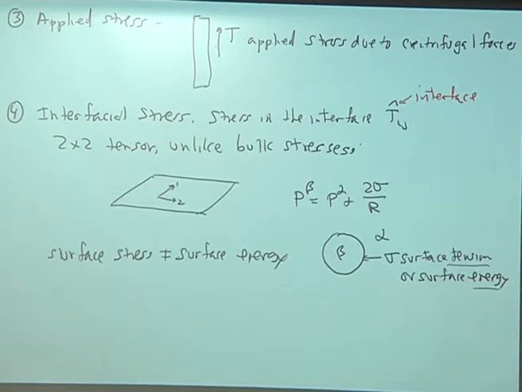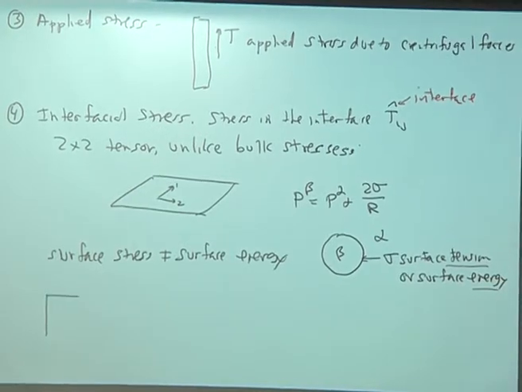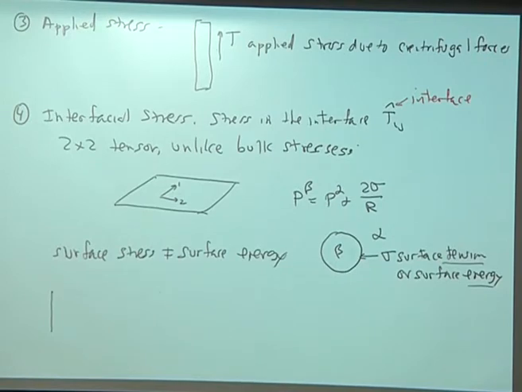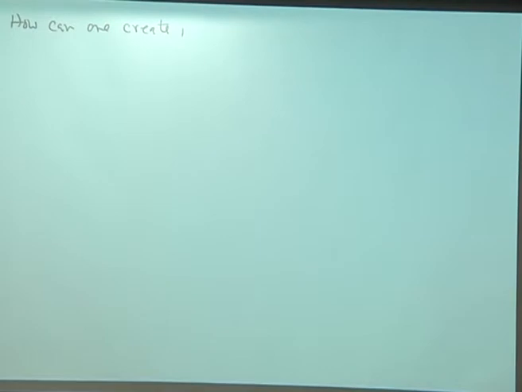And the reason why they're not the same is that crystal materials have a lattice. And let me give you an example of that. So consider how you can create interfacial area. And this actually goes back to Gibbs.